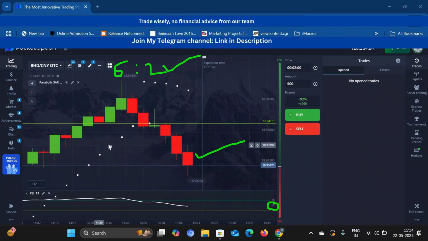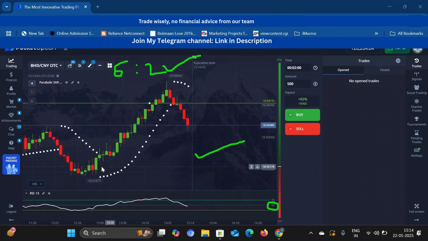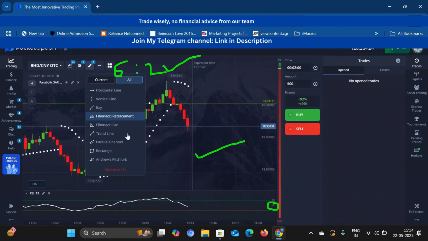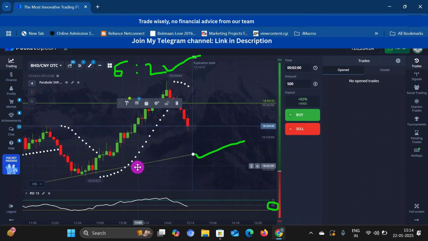You can also draw a trend line or a support line here and take trades from there as well. If you don't know how to do it, let me explain a little. You can easily do it here.